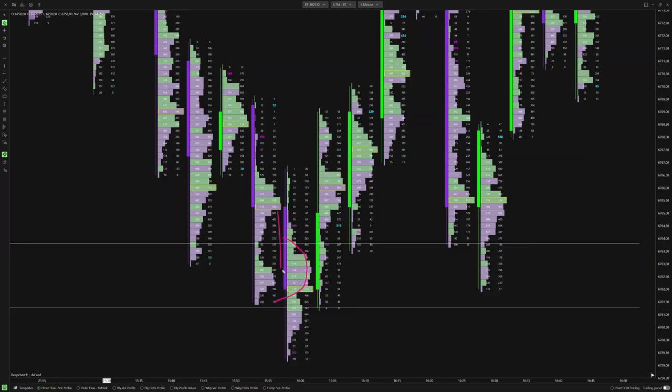So price did something like this, tried to push out, then was dropped back inside by aggressive buyers. So we have a failed auction. And then price pushing high really aggressively. A lot of imbalances on the side.